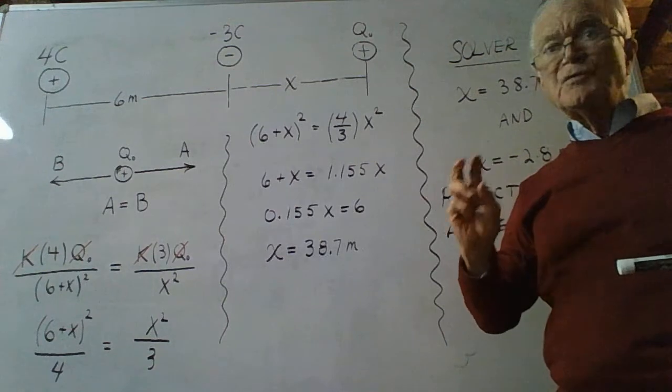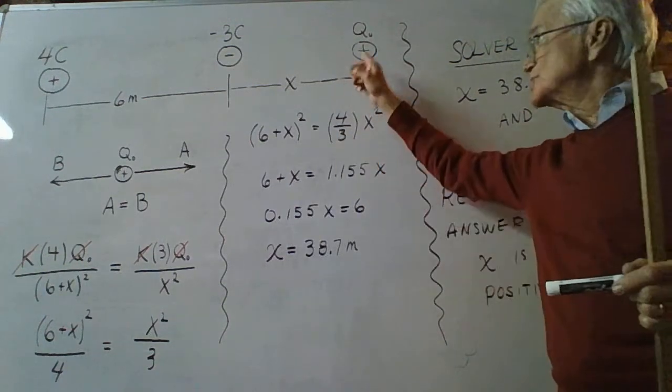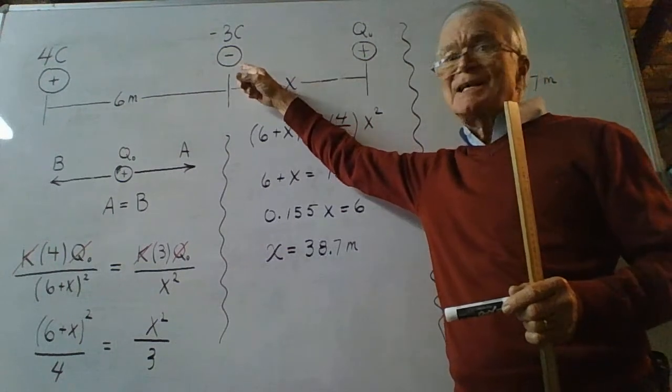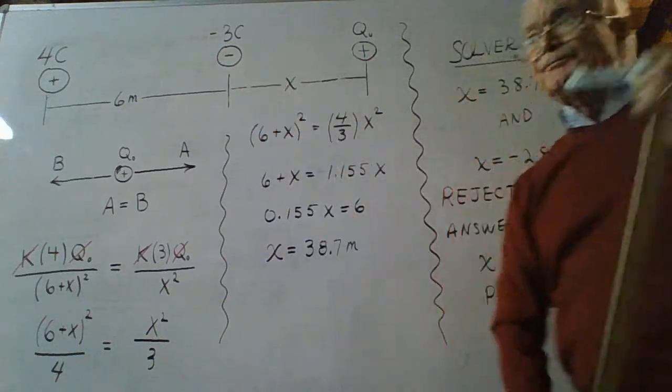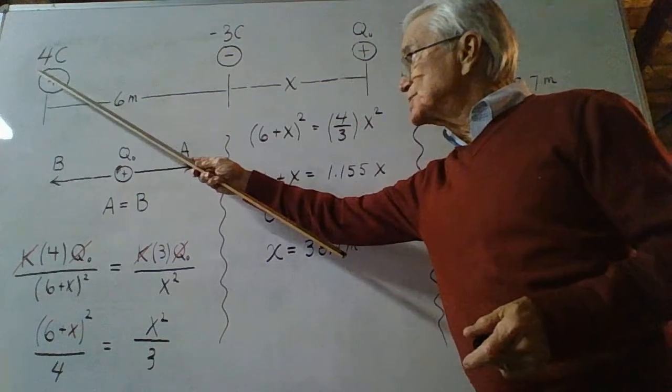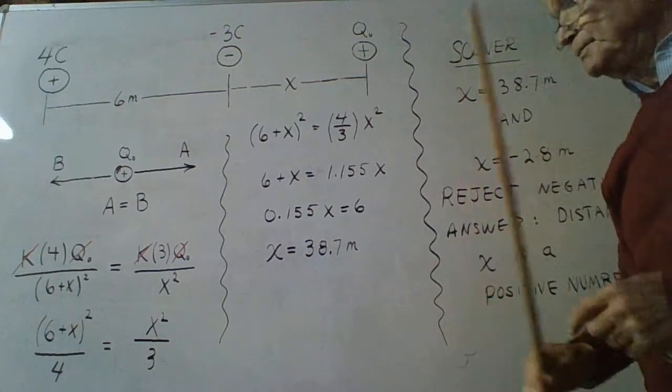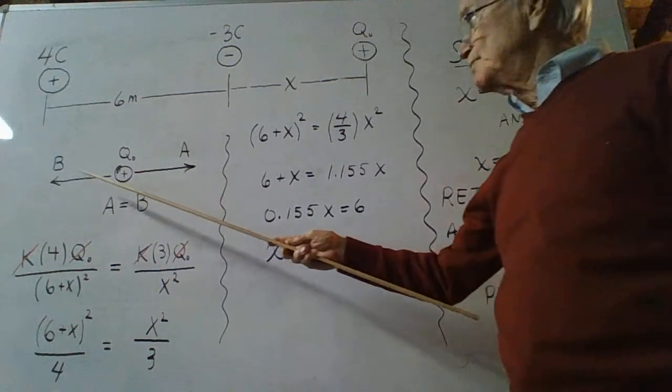Well, there are two forces that will be acting on that test charge. There will be the pull to the left by the attracting negative charge, and a push by this positive charge on this positive charge, a push to the right. I show those two forces here.